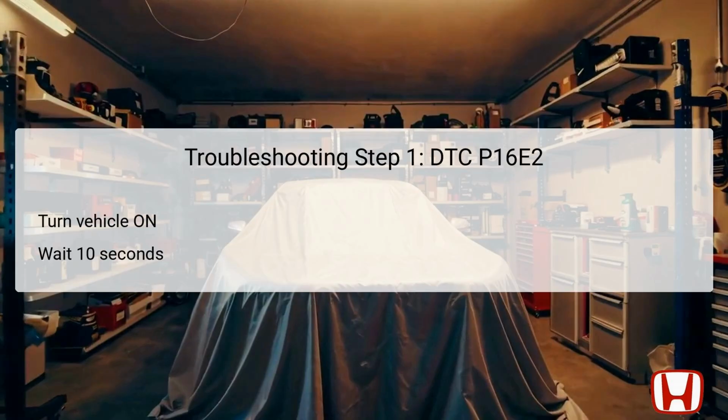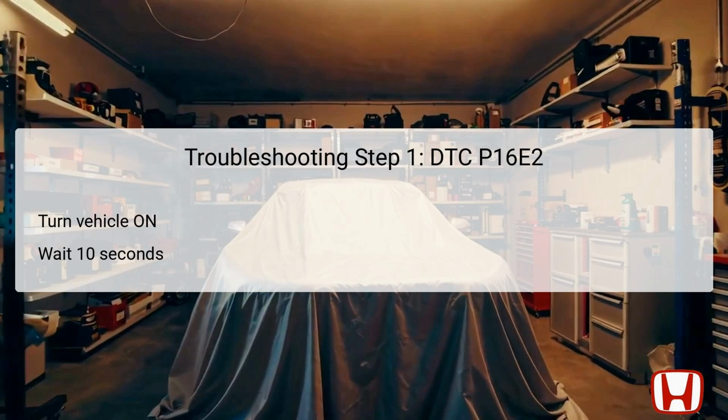For the first step in troubleshooting DTC P16E2, ensure the vehicle is in the on mode and wait a minimum of 10 seconds. This initial step is crucial as it allows the vehicle's systems, including the Powertrain Control Module, to boot up and establish communication with all associated components.